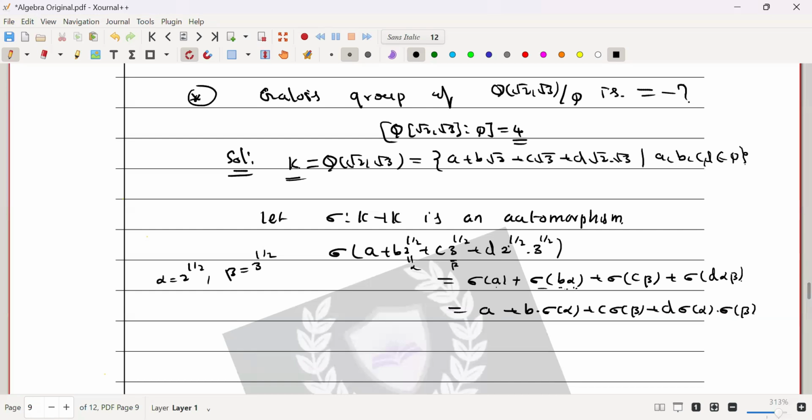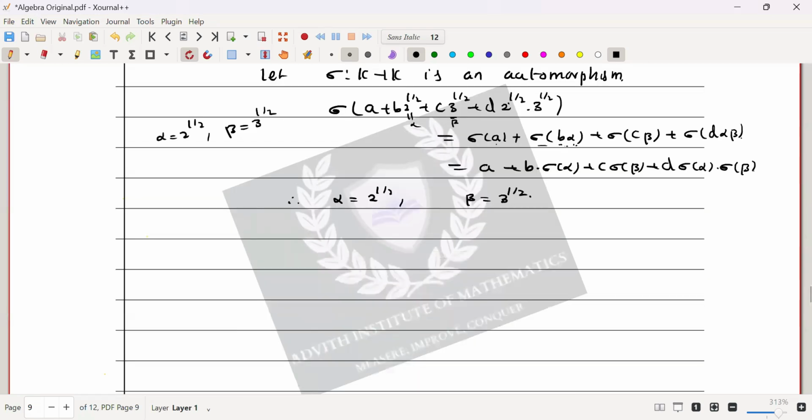So now I need to evaluate two values, sigma of alpha and sigma of beta, where alpha is equal to 2 power 1 by 2 and beta is equal to 3 power 1 by 2. Therefore alpha square equals 2 and beta square equals 3.